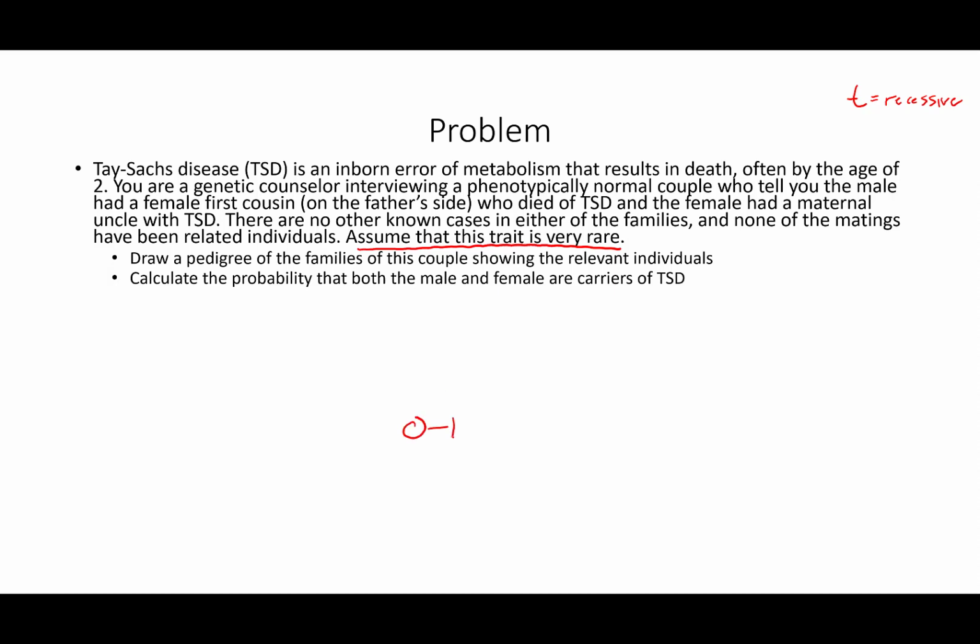It said that we had a female and a male. They are married. And it says that the male had a female first cousin on his father's side. So we're going to start drawing up. We don't know how many other siblings they had.